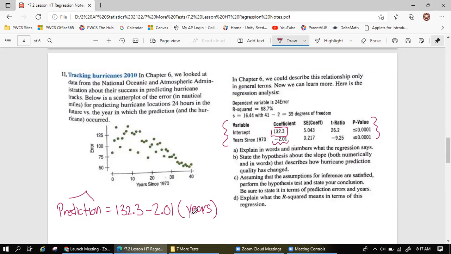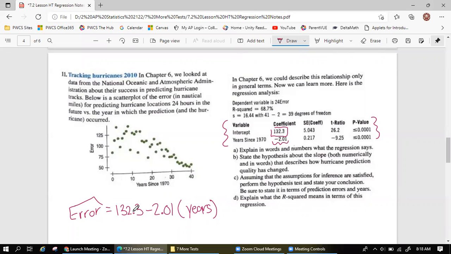So that means that, let me see. Are we dealing with error? Sorry, I've made an error. We're talking about the amount of error we have in how far off we are on the hurricane. And so what the slope means is that for every year we get past 1970, our error drops, goes down by 2.01.